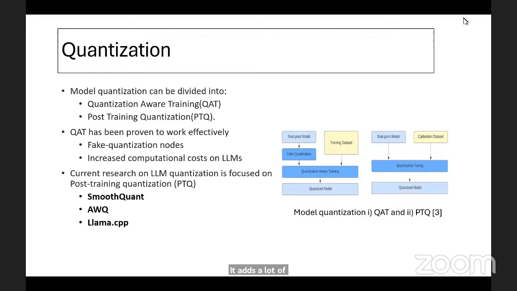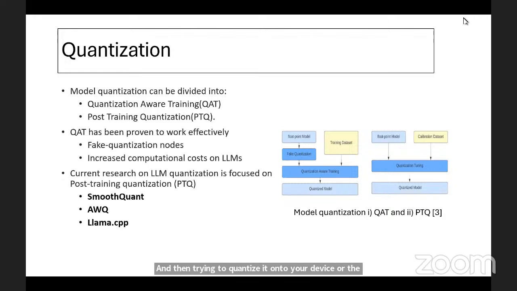Whereas in the case of post-training quantization, this is more popular because of its nimble nature. That is, you're essentially taking an already trained model that's available or that you have already trained, and then trying to quantize it onto your device or the accelerator that you want to run it on.